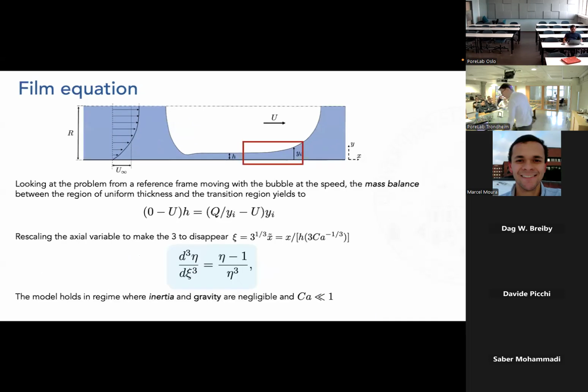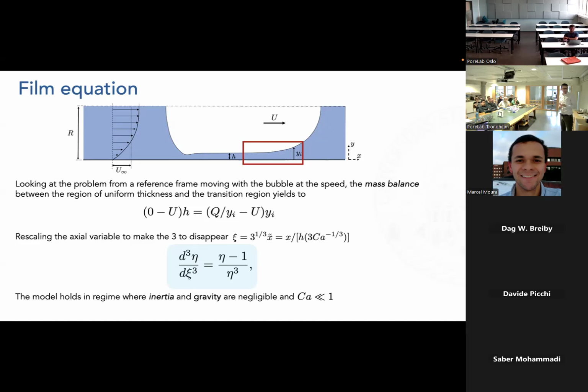Then, given that, you can write a mass balance between the transition region and the center of the bubble in a frame that moves with the bubble. You do some algebra, and then you define this variable xi in this way, and you find out that the film thickness of the bubble is described by this similarity equation, where eta is a dimensionless film height, and xi is just the stretched x variable, which has inside this capillary number to the power of 1/3.